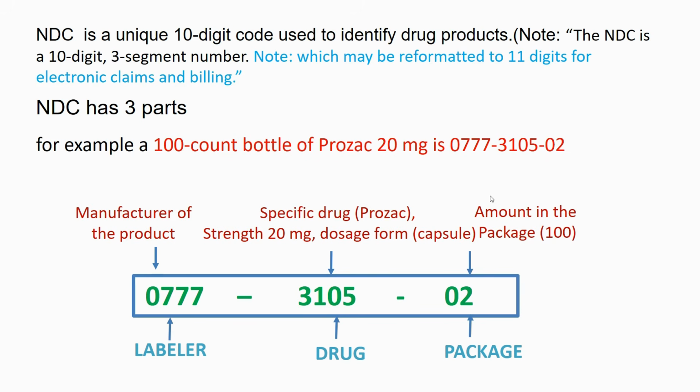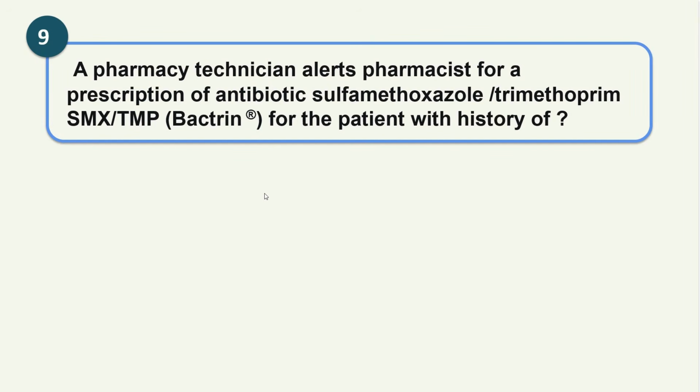So the correct answer, the middle segment, which is the drug segment, is details about specific drug strength, dosage form, and package size.